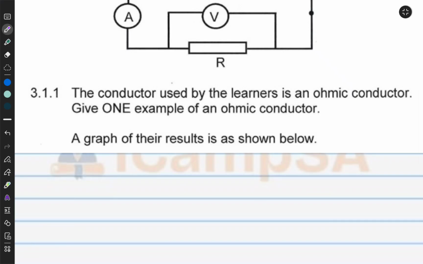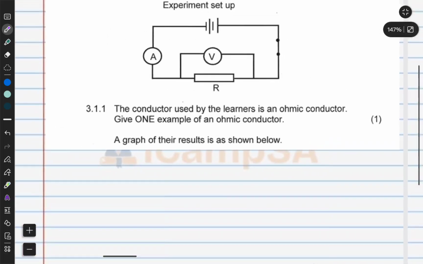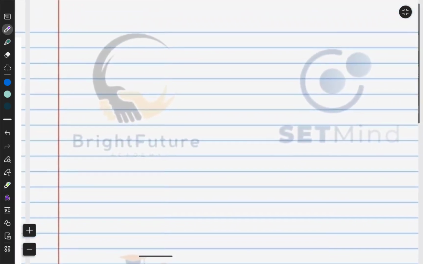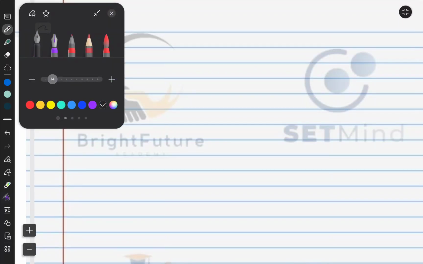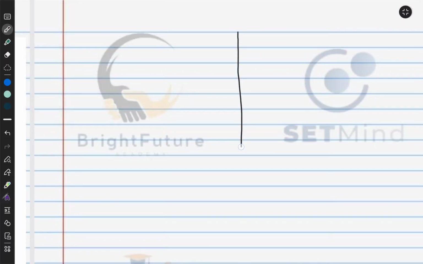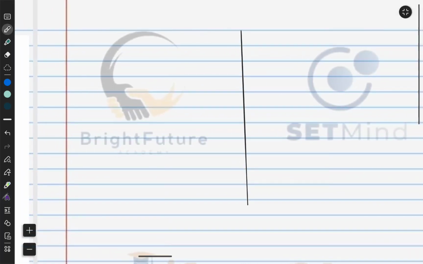3.1.1, the conductor used by the learners is an ohmic conductor, right? And then give one example of an ohmic conductor. Okay, before we give this one example, I just want to remind you, remember, the reason we call it an ohmic conductor is because it respects the principle of Ohm's law, right?